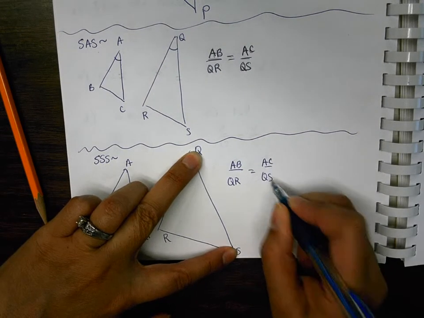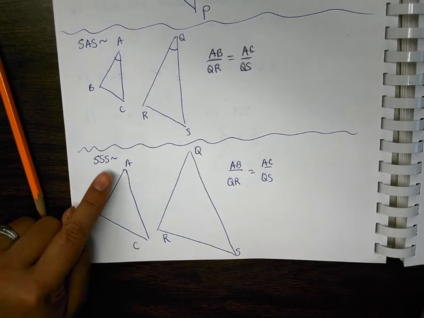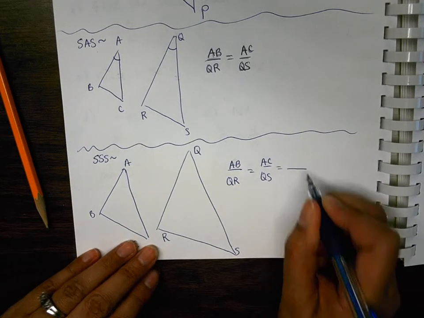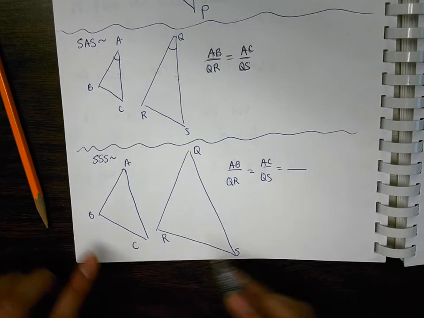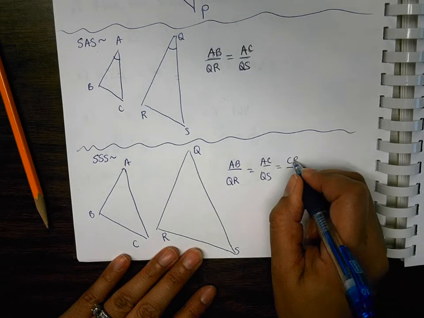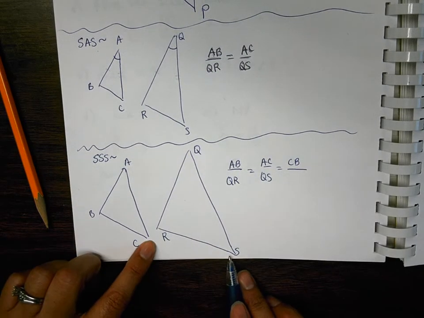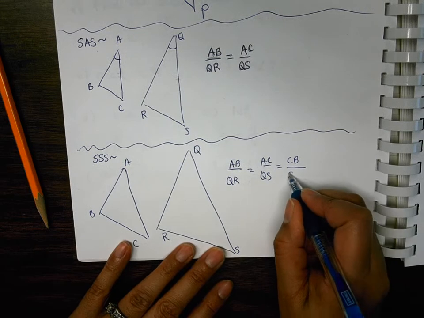Is that enough, or do I need one more set? One more, because it's side. Equals, and BC or CB, it's up to you. I'm going to go ahead and put CB over SR.